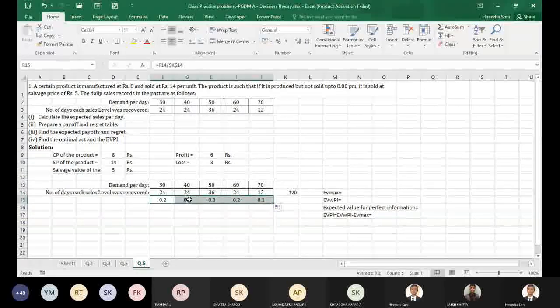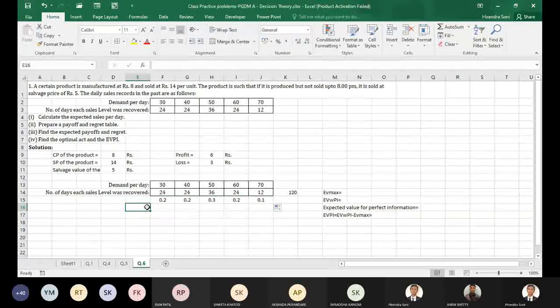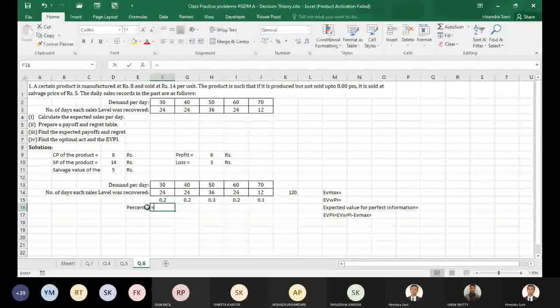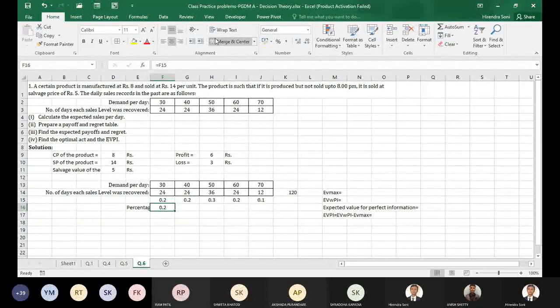Sum total comes to 1. अगर आप percentage में भी लिखना चाहो तो यही same value रहेगी, but अगर आपने into 100 कर दिया, so that would be your percentage. So 20%. Fine. Are we okay up to this? Yes, sir.